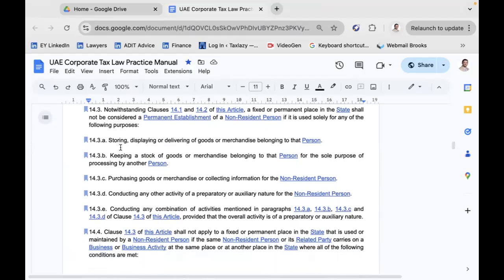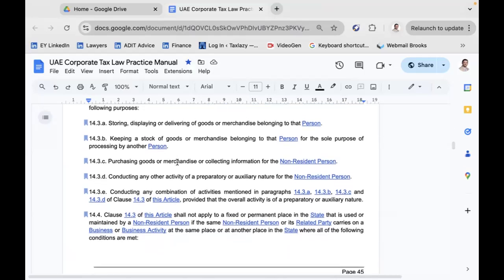So what are those? Storing, displaying, delivery of goods or merchandise belonging to a person. So basically this is only storage or display of goods. Keeping a stock of the goods or merchandise belonging to that person for the sole purpose of processing by another person. Temporary storage. Purchasing goods or merchandise or collecting information for a non-resident person.